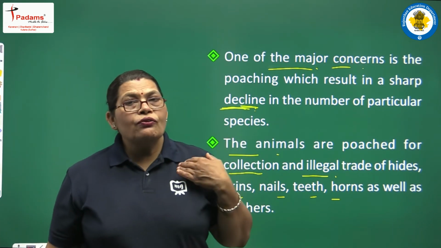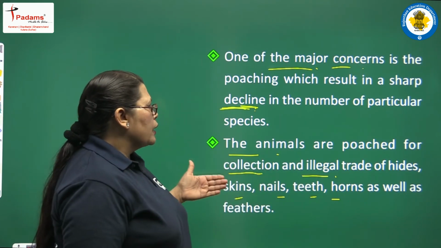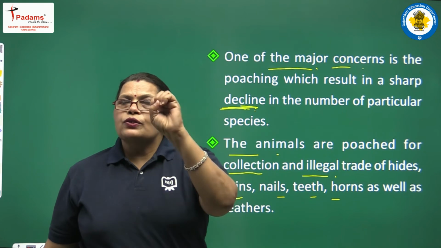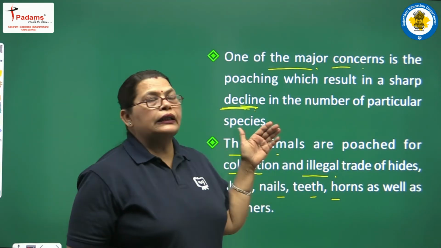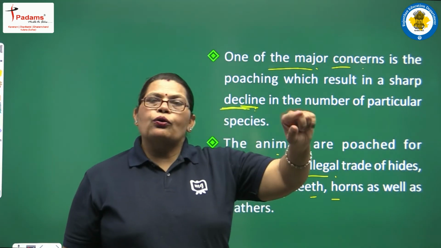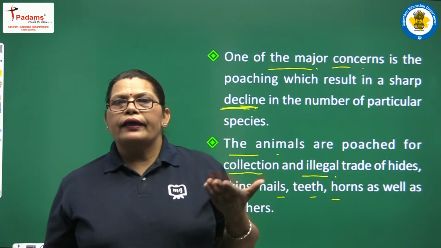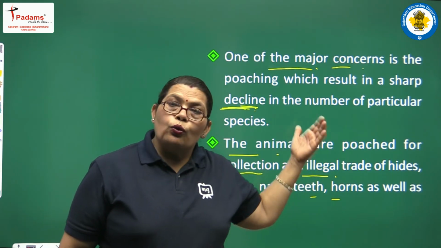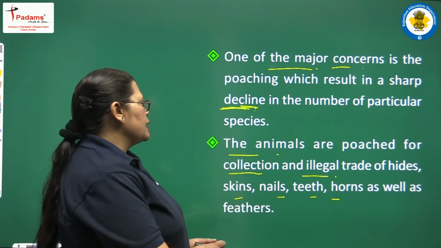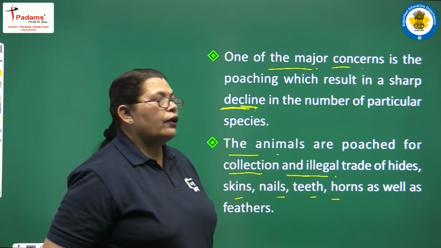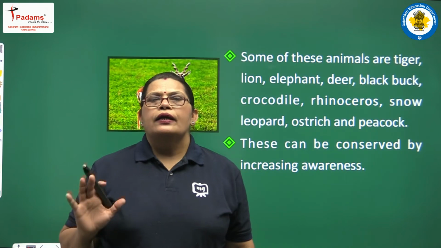We killed animals, not we, some of our other fellows killed animals only and only for the purpose of the collection of skins, nails, tails, horns as well as their feathers also. आपको भी मोर की पंख को वापस अपनी किताबों में रखना अच्छा लगता है ना बच्चों? बट हमें पता है कि वो एक अलग बात है. लेकिन लोग जो हैं वो लालची हो गए हैं. वो क्या करना शुरू कर दिए हैं? उन्होंने ज़्यादा से ज़्यादा पोचिंग शुरू कर दी है फॉर द पर्पज़ ऑफ द इलीगल ट्रेड्स. सो इट मस्ट बी स्टॉप्ड.